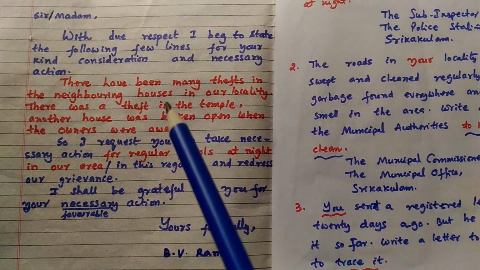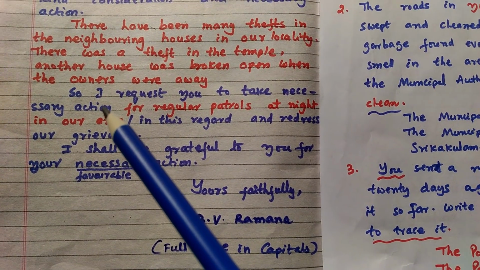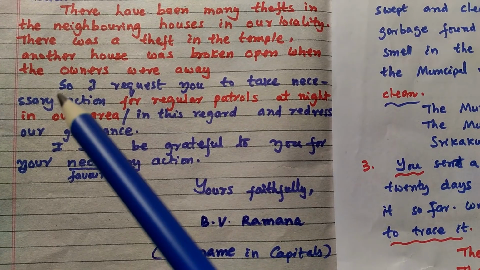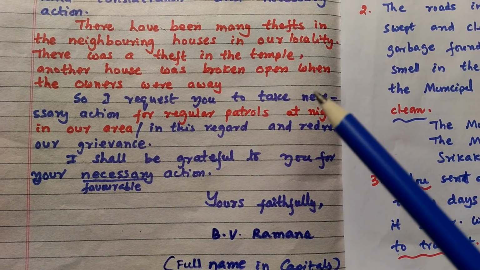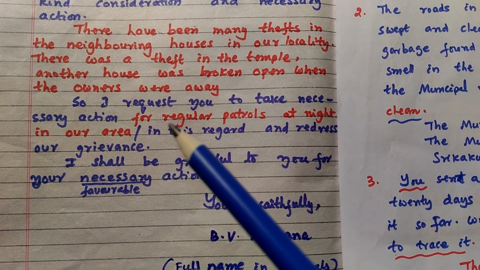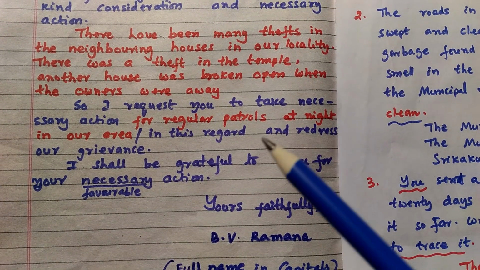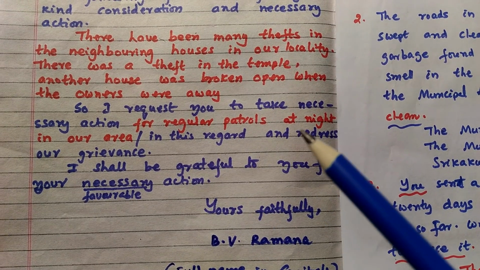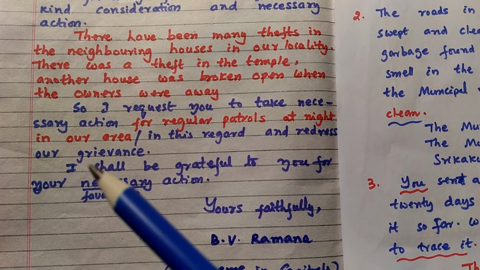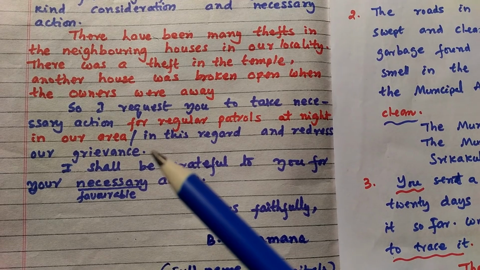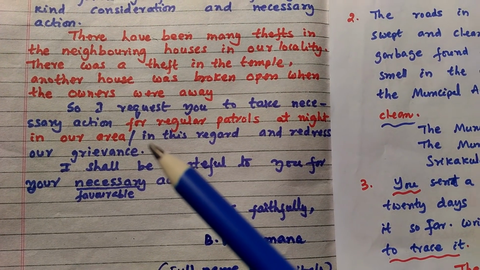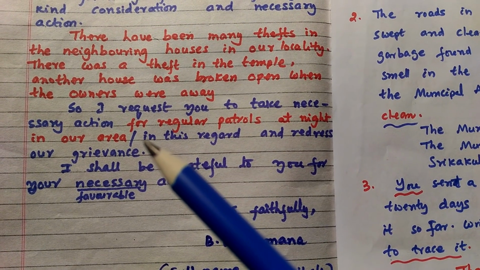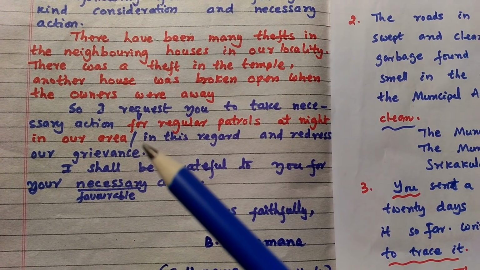And the next part, the third part, you just have to learn these lines by heart. For example, "So I request you to take necessary action for regular patrols at night in our area." Here, "regular patrols at night in our area" will be given in the question itself, so we just have to copy those lines and write them here.